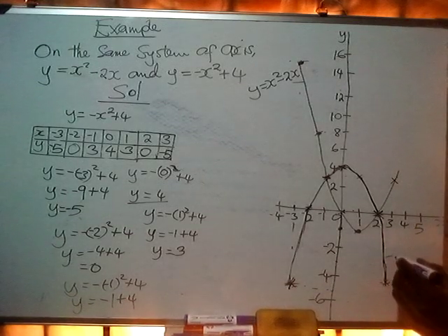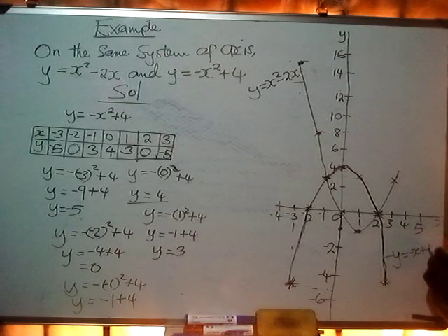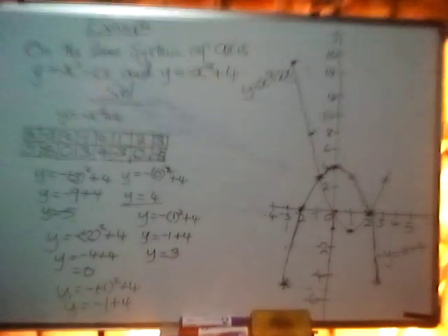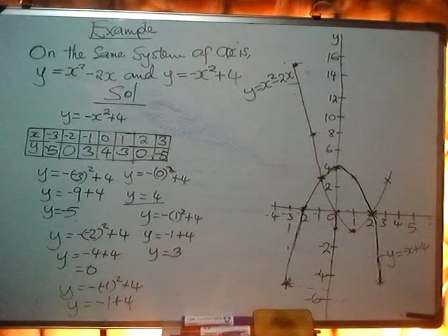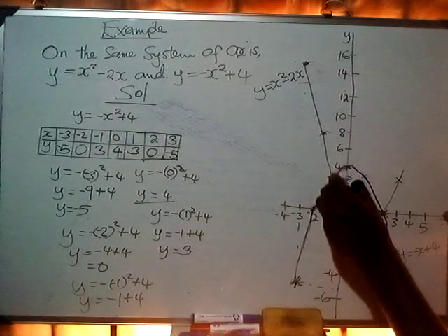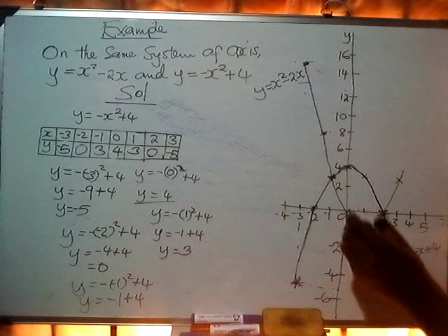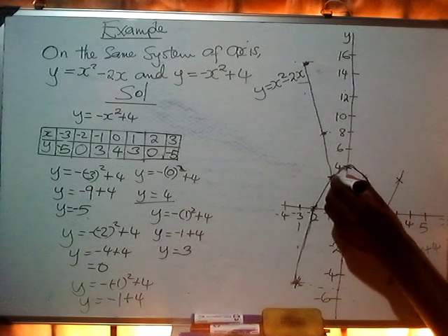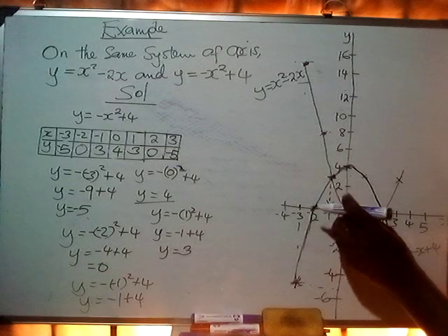Then we are going to say y is equal to -x squared plus 4. Remember, we said when you are solving this, you look for a point where the two equations are meeting each other. So they are meeting here. This is where they are intersecting each other, and this point here. What is the value of x there? So you go like this and find the value of x.